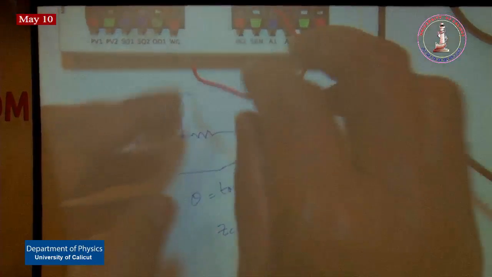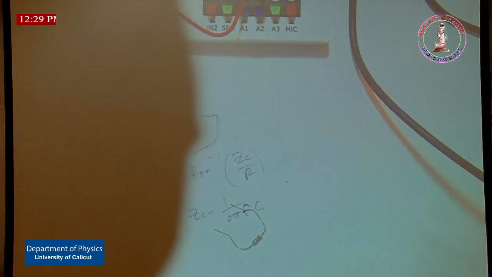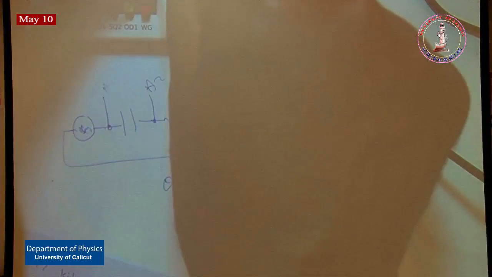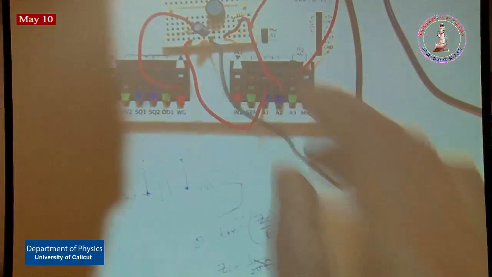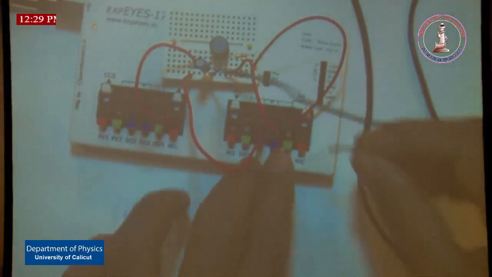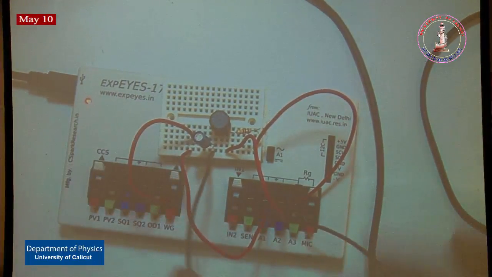Capacitor is there, then comes the inductor, and the junction of that capacitor and inductor I'll give to A3. Anyway, the picture is there, you can see the schematic.